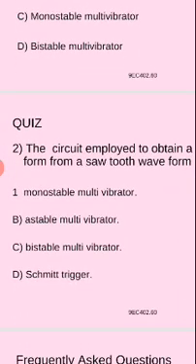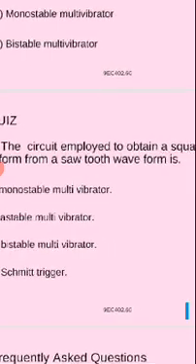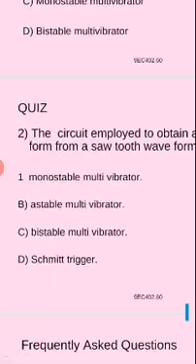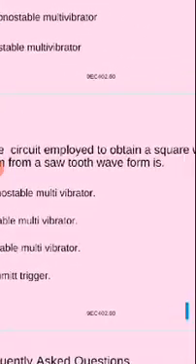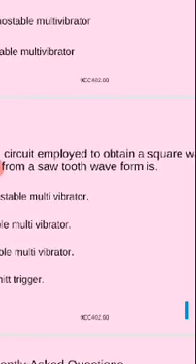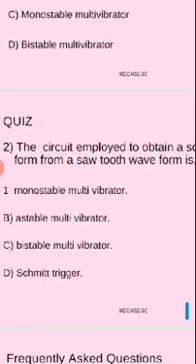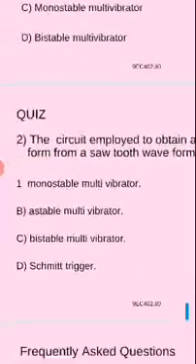In quiz, second question. The circuit employed to obtain a square wave from a sawtooth waveform is: Option A, monostable multivibrator.